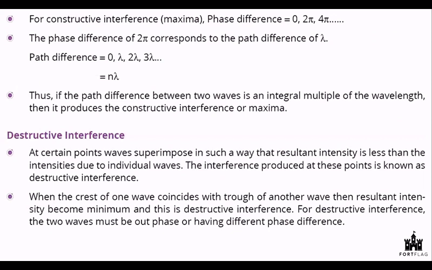The path difference should be equal to n lambda. This is the condition for constructive interference. In terms of phase difference, it should correspond to 2 pi radians, so the phase difference will be 2 pi, 4 pi, and so on, multiples of 2 pi.